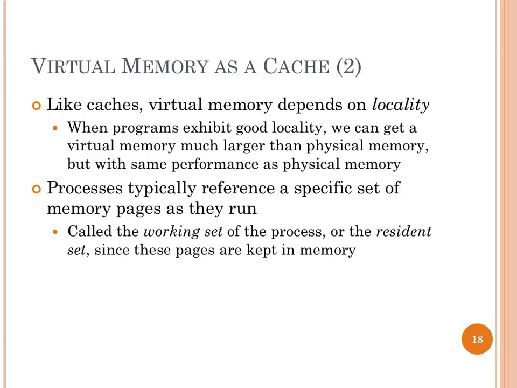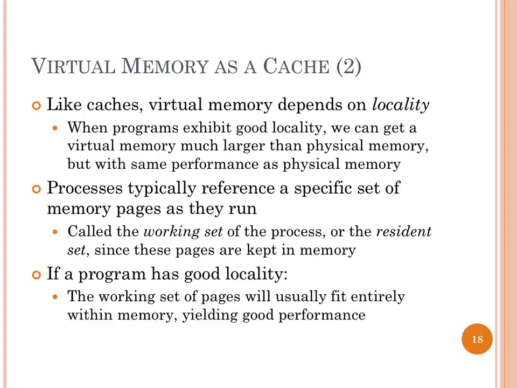So that will take up a certain number of pages. And so we call that the working set. Those are the pages that we really want to have in memory. So, like I say here, if the program has good locality, the working set will typically fit within memory and will have good performance. And if it doesn't, then we'll be sad.